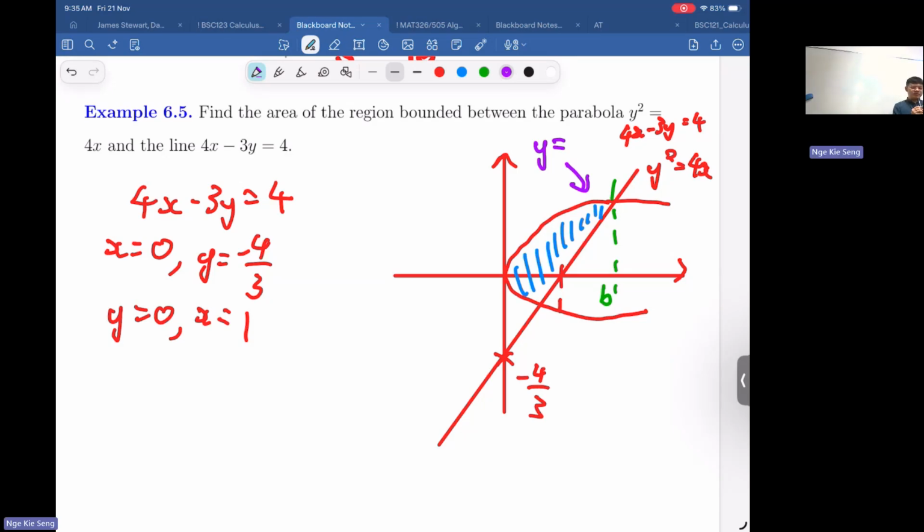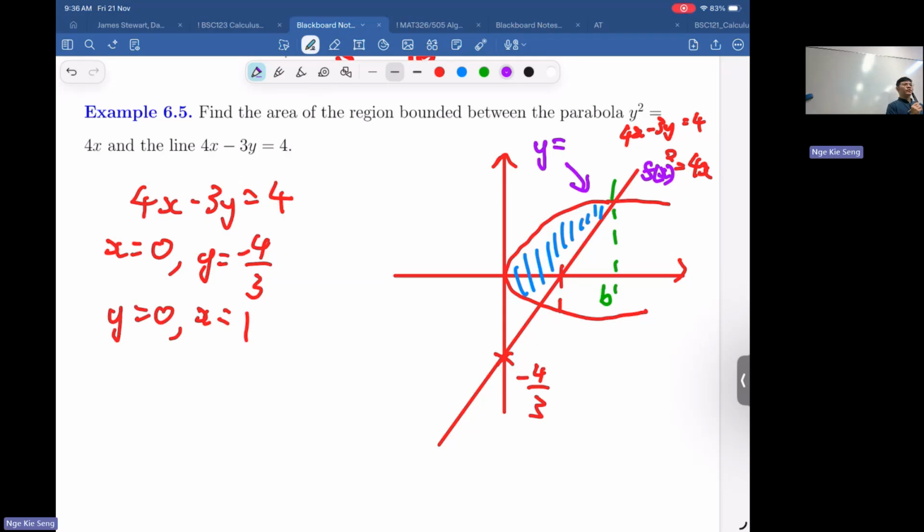You need to be able to express your y as some function f(x). Is it possible? You know f(x) squared is 4x. You need to find what f(x) is.